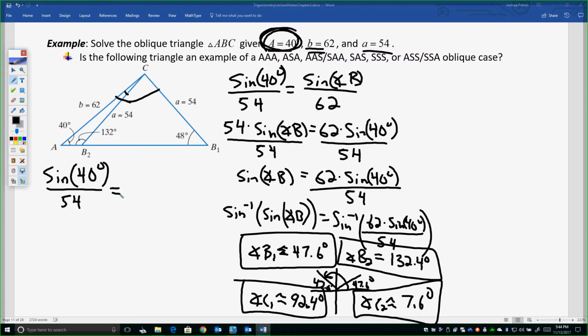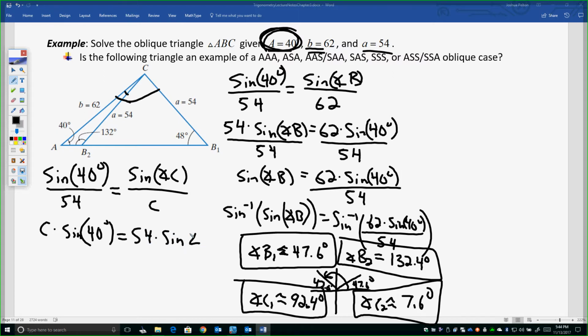We want to know side C now. That's sine of angle C over lowercase c, so we cross multiply. We get C times sine of 40 degrees equals 54 times sine of angle C. So divide by sine of 40. That'll cancel, so we're going to get a C1 and a C2.